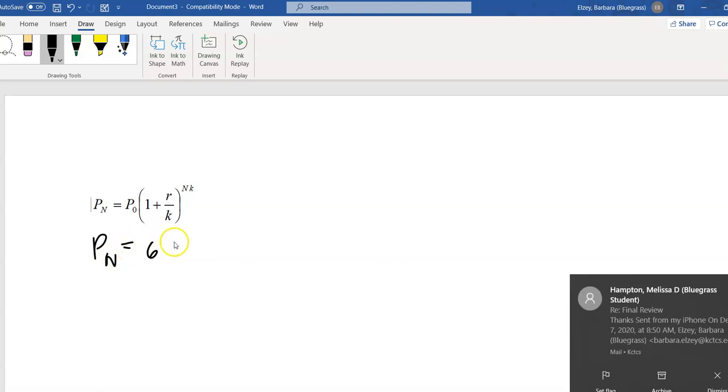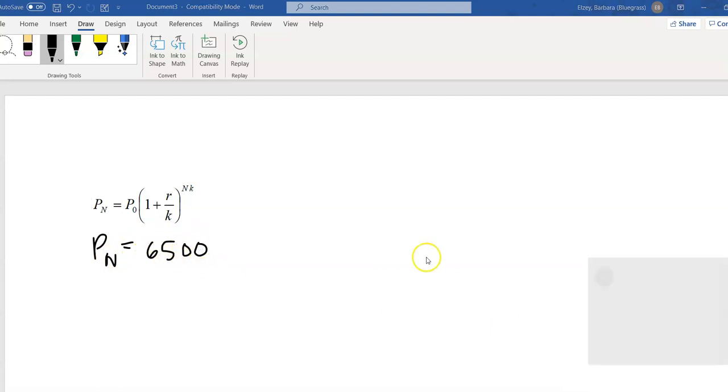P sub 0 is 6,500. And then 0.025 for our interest rate, or 2.5% interest, but we're going to do compounding 4 times per year. And 5 years times 4.